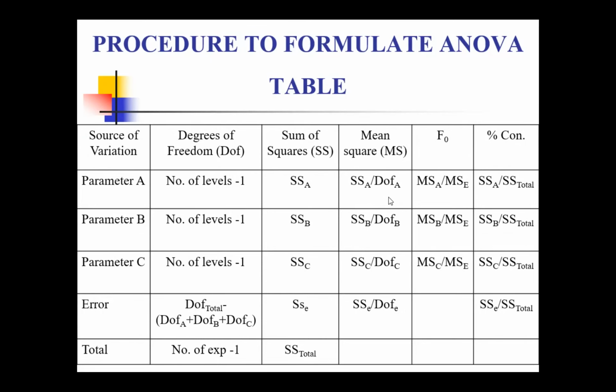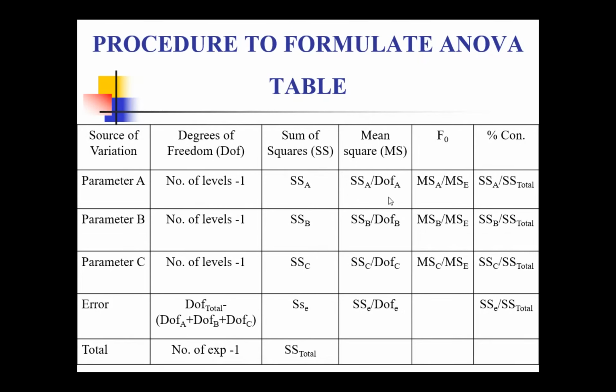For example, if parameter A has 2 levels, then the degrees of freedom is 2 minus 1, which is equal to 1. If parameter B has 3 levels, then the degrees of freedom is 3 minus 1, which is equal to 2. So obviously it is a mixed level design.